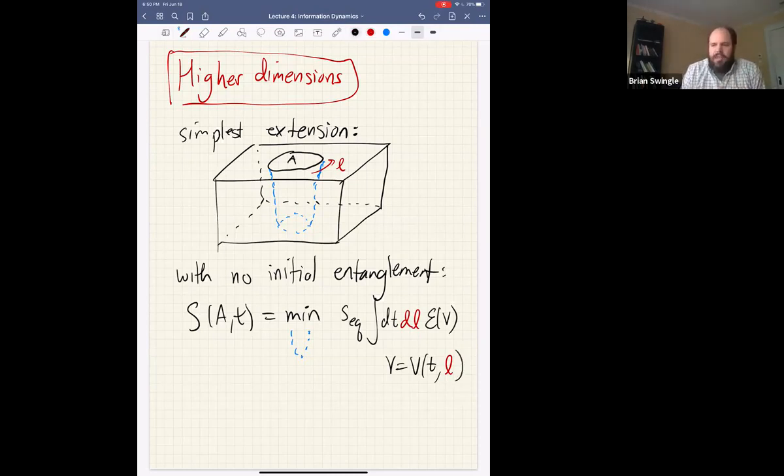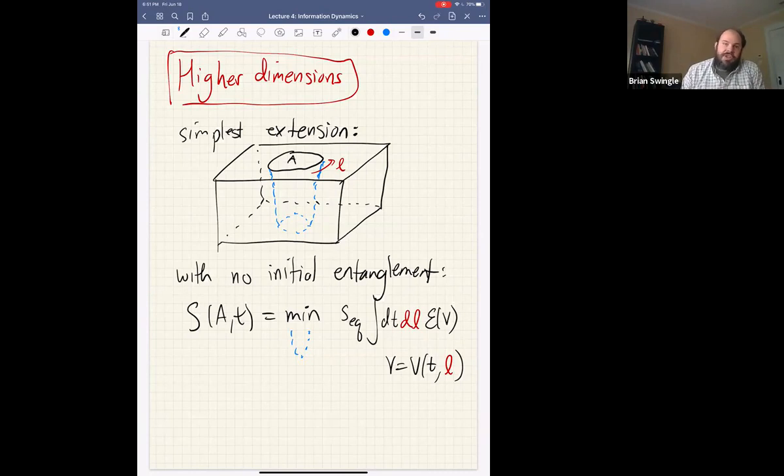And so I just want to make the point that now in higher dimensions, the generic surface is going to be curved. And the reason is because you have a cost associated with the spatial extent of the membrane. And so now it can pay for the membrane to have a velocity because it can reduce its spatial extent in the past. And so this means higher dimensions is much more complicated. If you want to look at the entanglement of a sphere, for example, at time 0, its growth rate is equal to the membrane tension at 0 velocity.